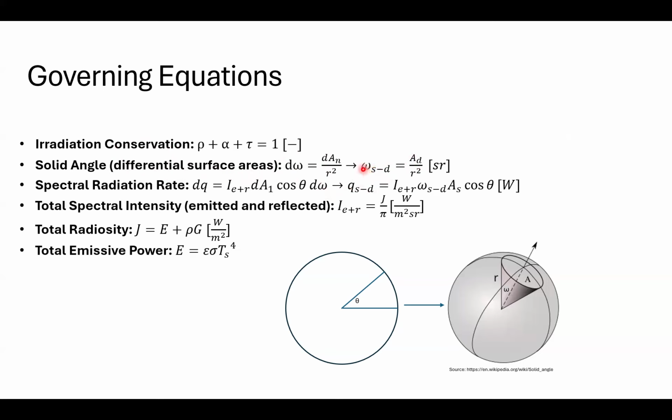And this solid angle is given in units of steradians. And if you don't know what a steradian is, it's analogous to a radian in the sense that a radian is the angle where the arc length of a two-dimensional circle is equal to the radius of the circle.